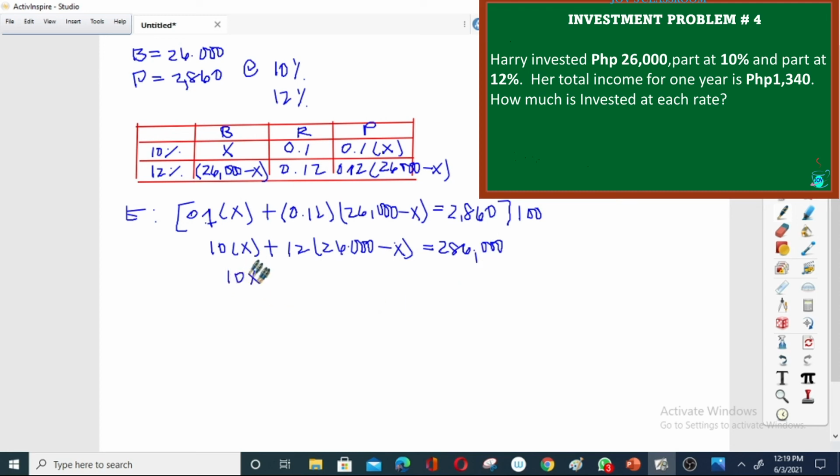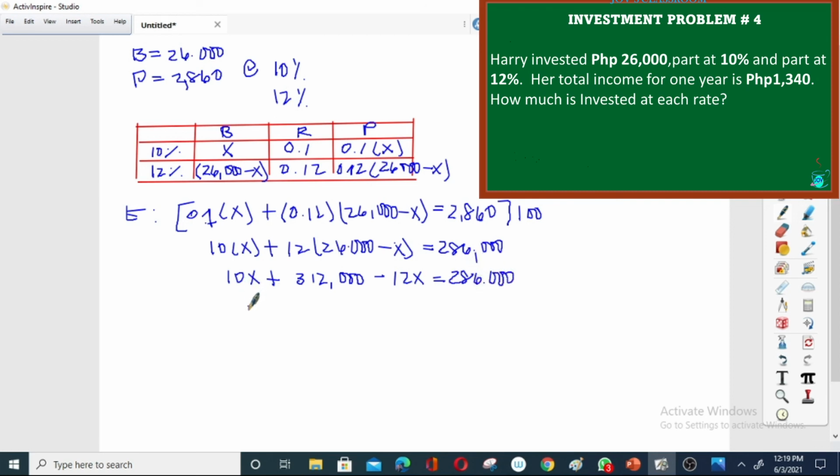So 10x plus 26,000 times 12, which is 312,000, minus 12x is equal to 286,000.